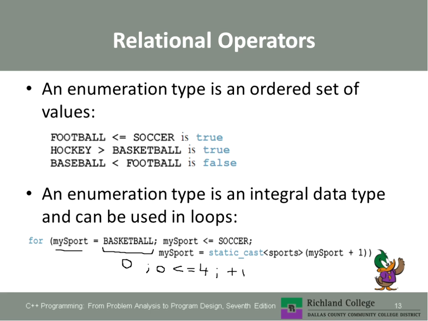And then what my sport contains, you add 1 to it. Now, how do you do that? Here you need to make sure that you have the assignment operator, right? We need to make sure we go to the next value in my sport. The next value in my sport is 0 plus 1.